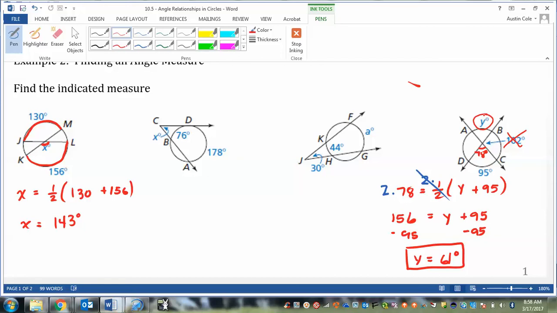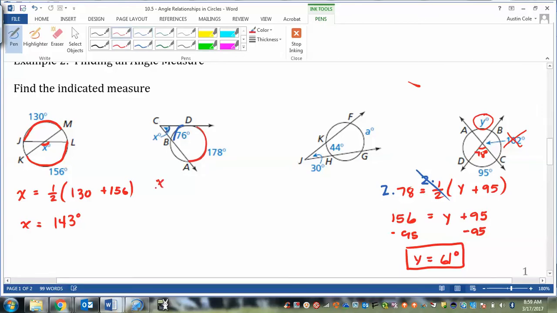Okay. If I work on to the second one here, now they're intersecting outside the circle. So our formula is 1/2 the big arc minus the little arc. So in this case, that is going to be my big intercepted arc. That is my little intercepted arc, and we're finding that angle right there.